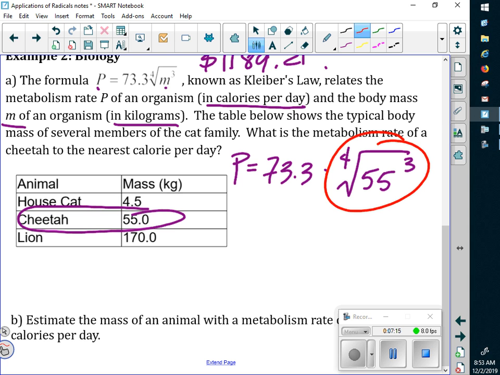Let me ask you a question. How could we write this with a fraction exponent? 55 to the 3/4, right. So if you want to write it this way, that's fine. Or if you want to write it this way, that's fine. It doesn't matter. Those are the same thing. That is raised to the power of 3/4, yes. No, we got to do it.